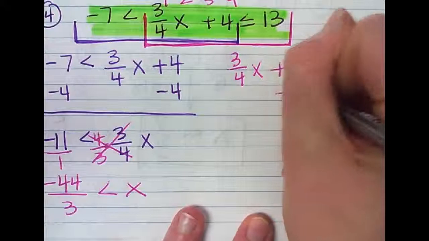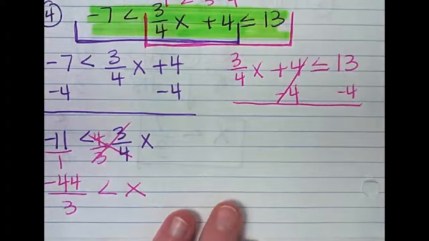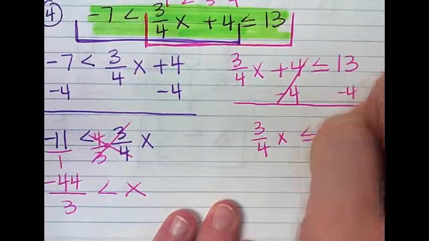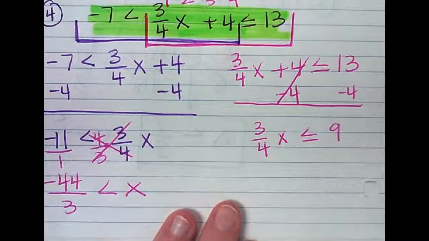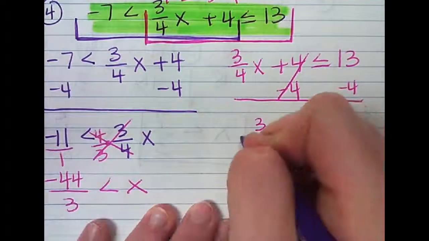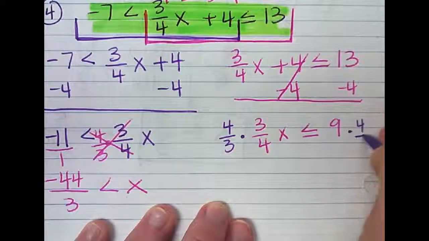There's 1. Then same thing over here. I'm going to subtract 4. So 3/4 x is less than or equal to 9. And same thing, multiply by the reciprocal, 4/3.